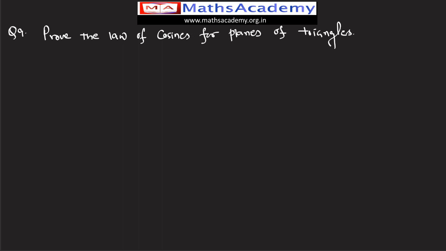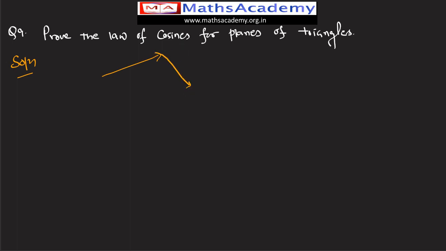Prove the law of cosines for plane triangles. So the cosine law we can very easily prove with the help of the dot product. Suppose I am taking one triangle.